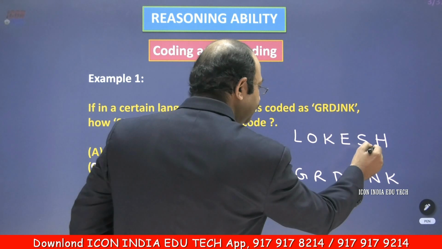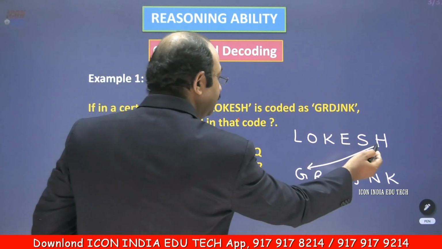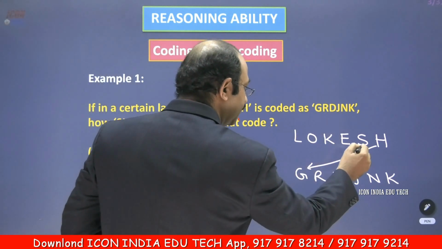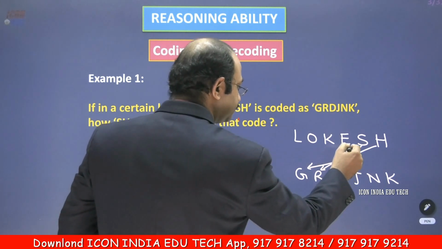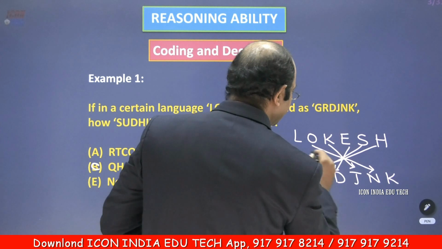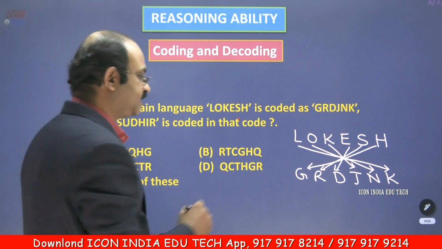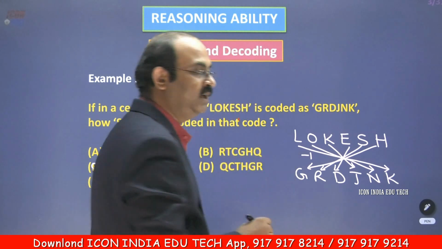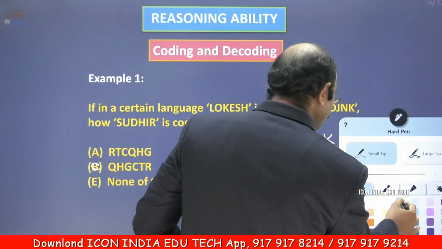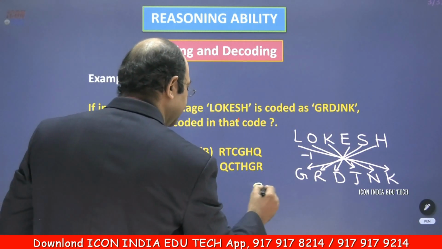So there is a link between these. So how this H is coded, the reverse order is happening, correct? So S to R, right? Yes, exactly. These are the things we can observe, and one letter before it. That means what is the rule? -1, correct?